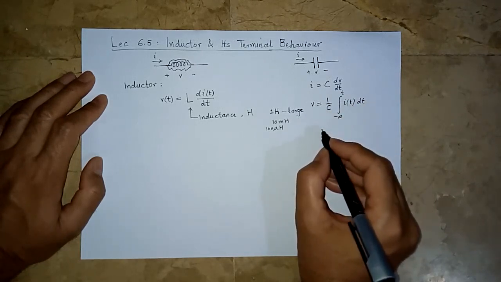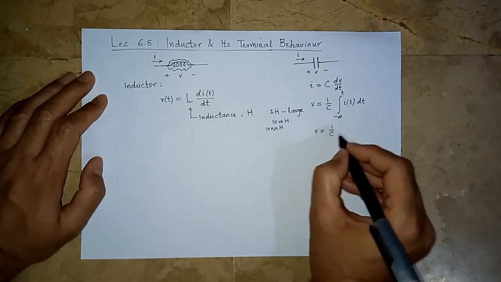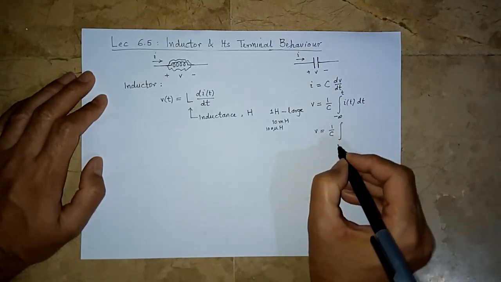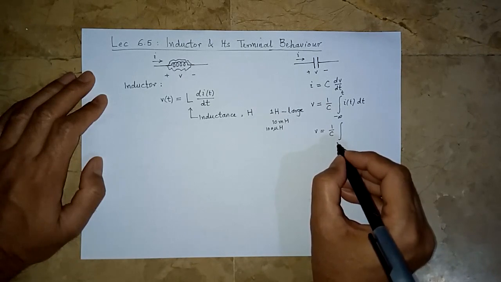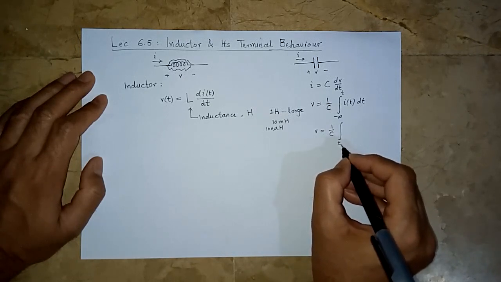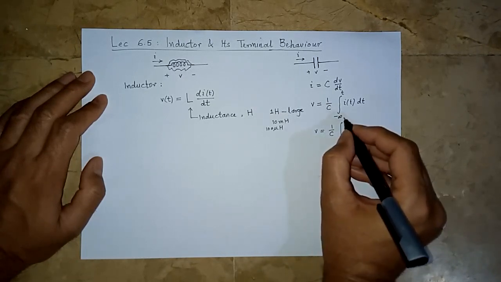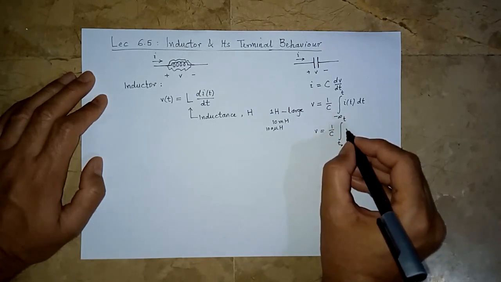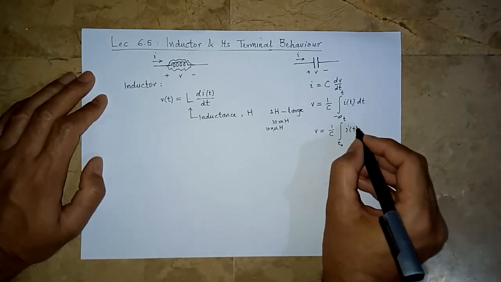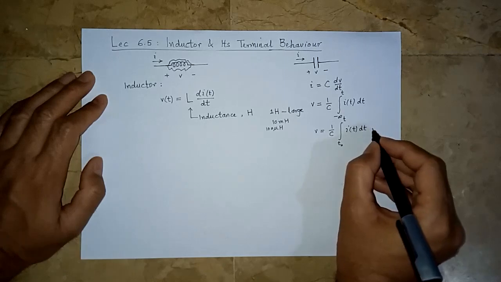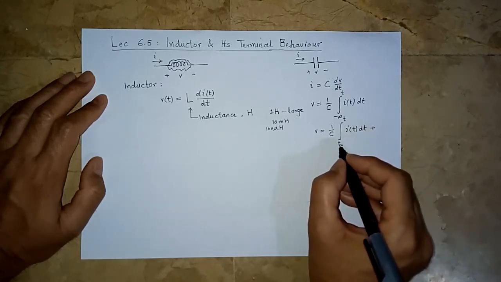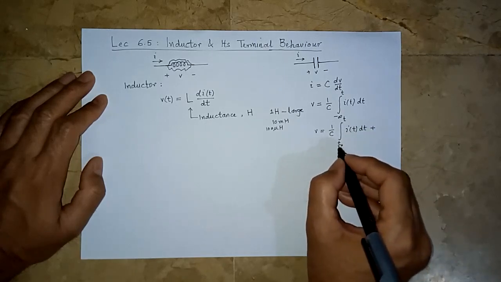This is the easiest of the relationships. Otherwise, we have this relationship as well. You should equally be knowledgeable about this relationship, that starting from some time t naught up till the present time t, we can solve this integral. Then we should know the state of the capacitor at t naught.